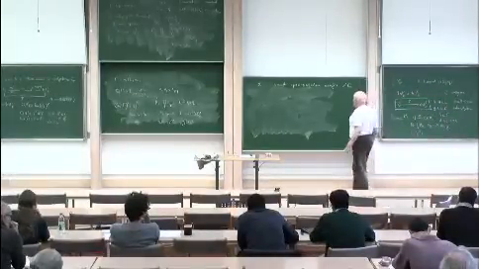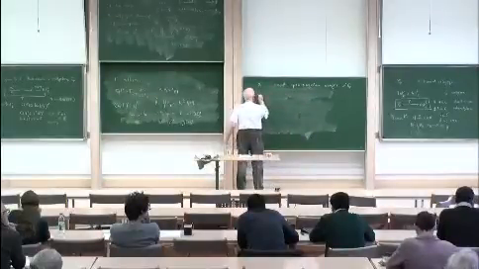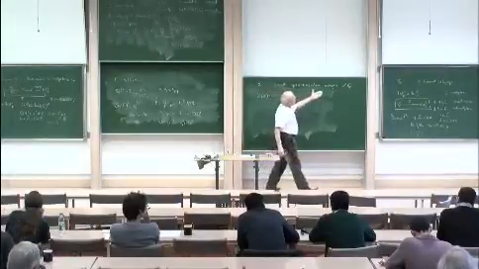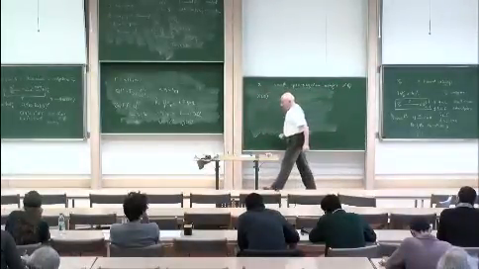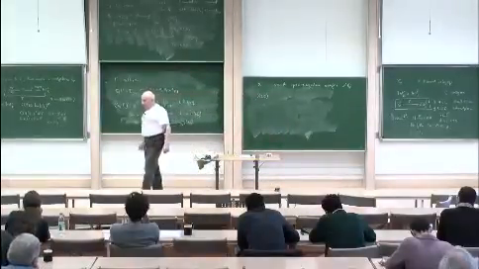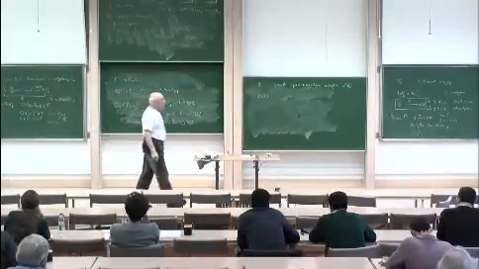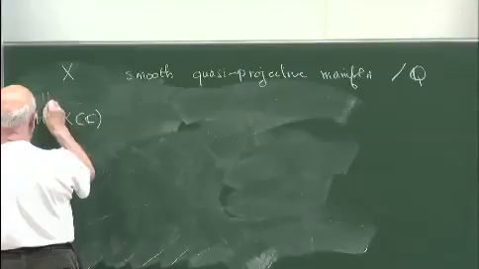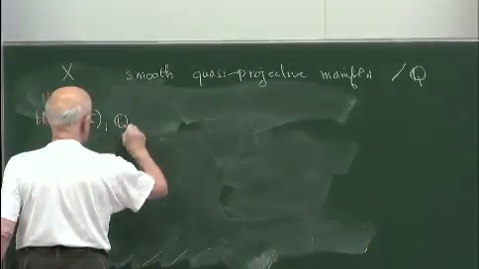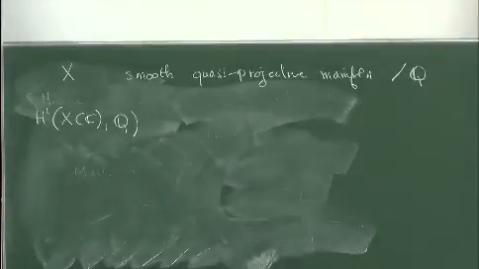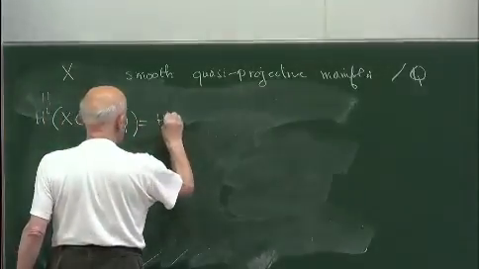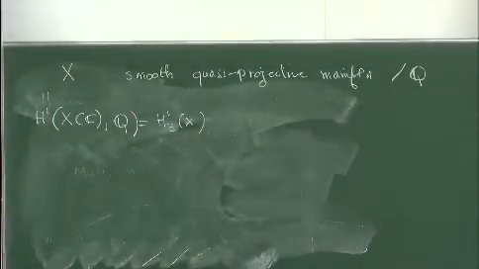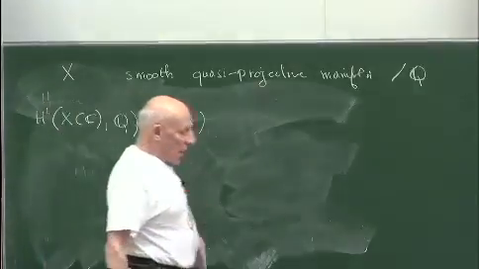Okay. Then, to this, we can consider the complex points. For any algebra over Q, you have the points of X with values in this algebra. They form, in the sense of ordinary differential geometry, a complex manifold, and therefore you can define H^i(X(C), Q), cohomology with rational coefficients, and that's what Grothendieck and Deligne call the Betti cohomology of X. Implicitly, you always have rational coefficients.